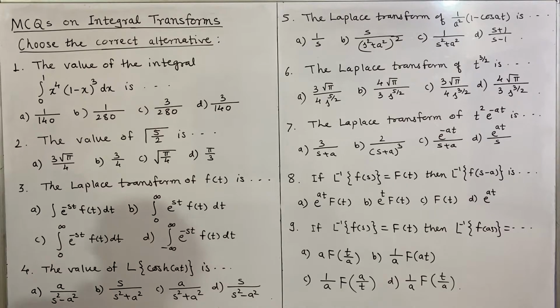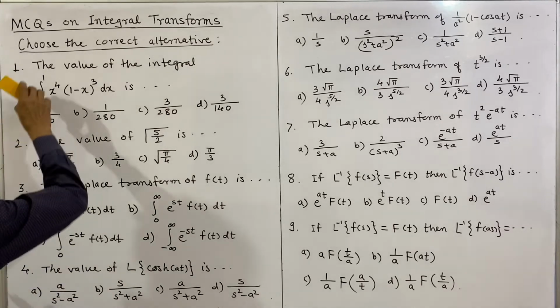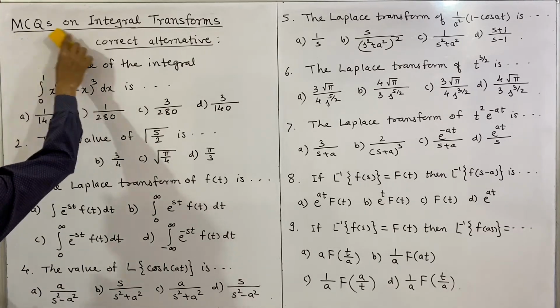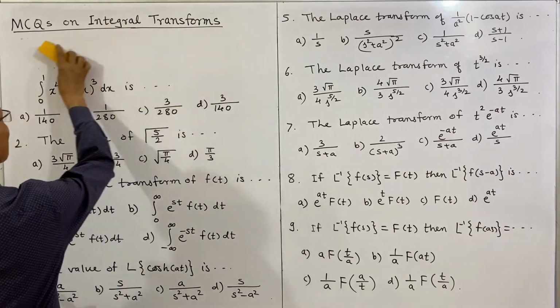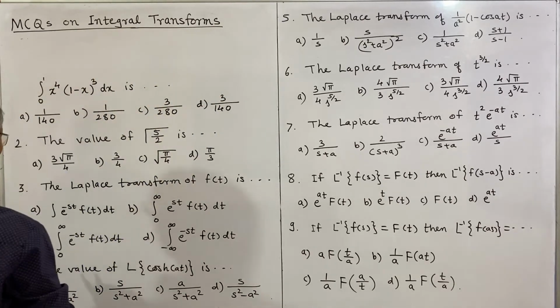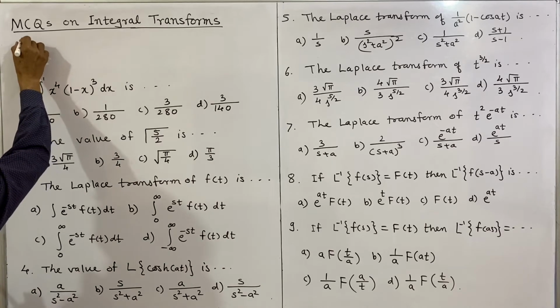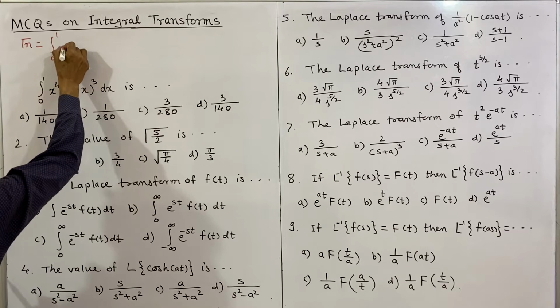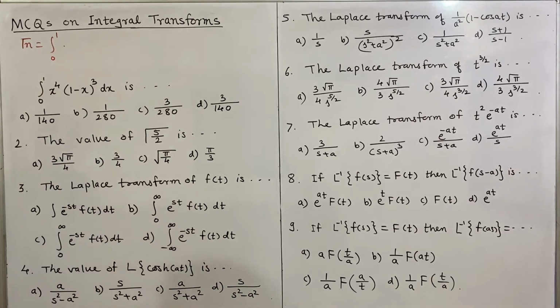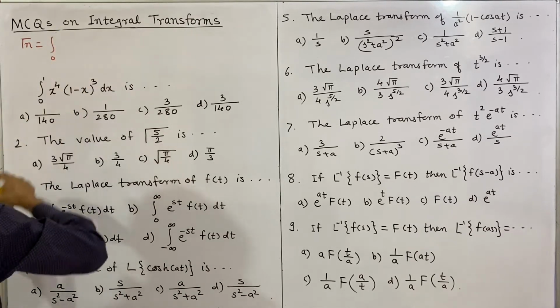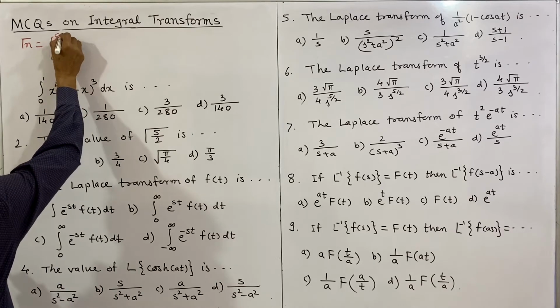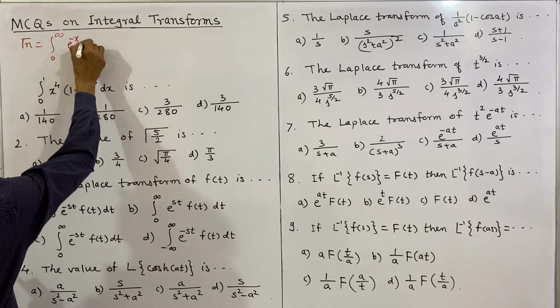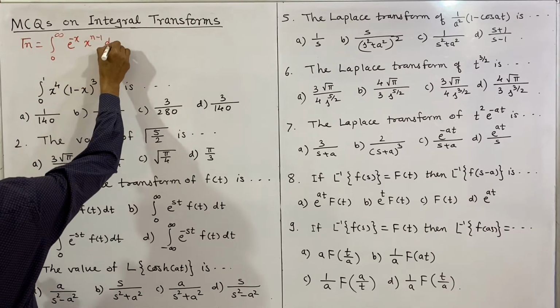So we know the definition of gamma function is, I shall write here, gamma of n is equal to integral 0 to 1. So it is not in terms of gamma function, but it is in terms of beta function. Gamma function's definition is integral 0 to infinity e power minus x power n minus 1 into dx.